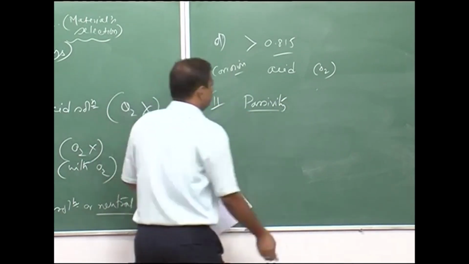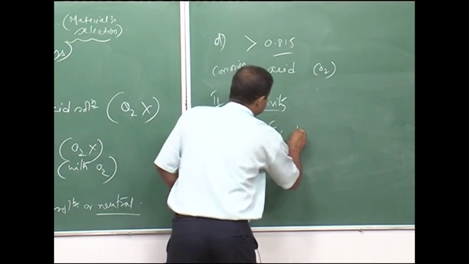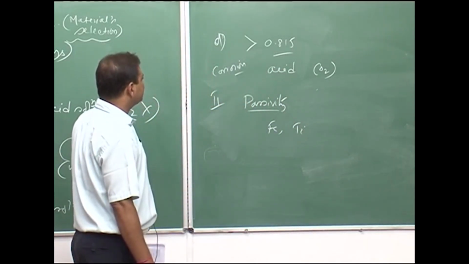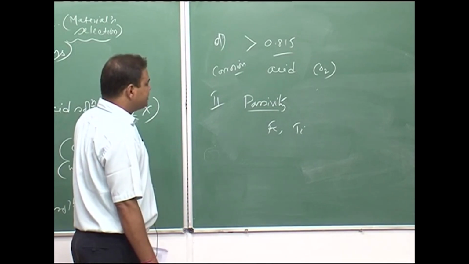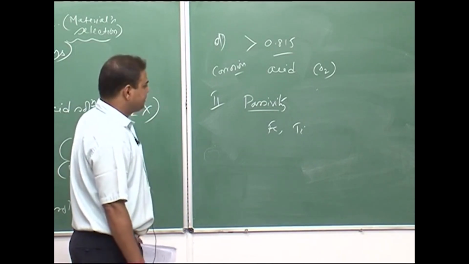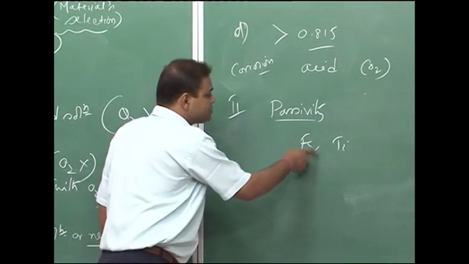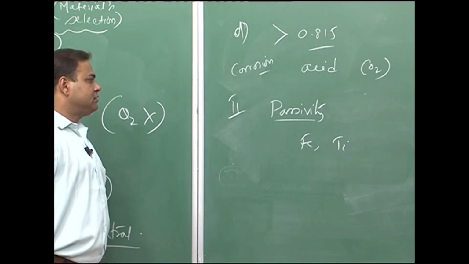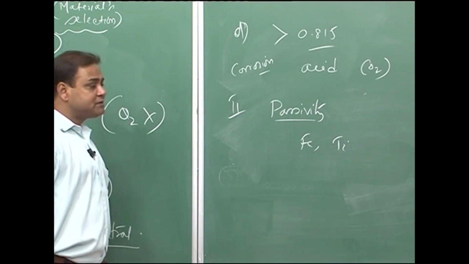For example, iron and titanium are elements with a much lower equilibrium potential in the active state, but they have the tendency to passivate. So, if it is a passivating metal, then the corrosion resistance would be better.